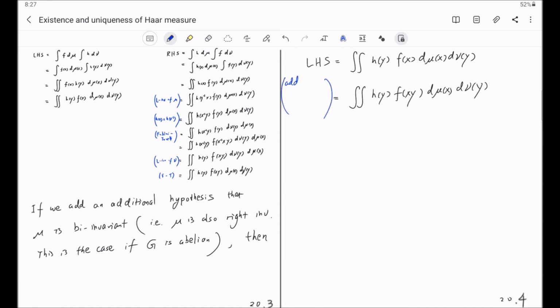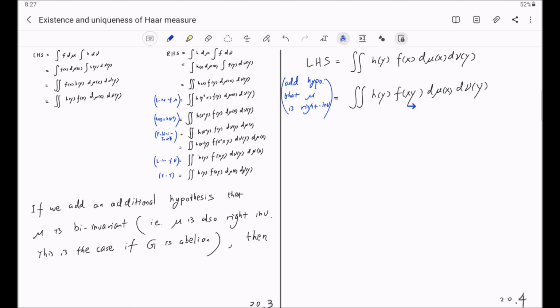This is by the additional hypothesis that mu is right invariant. But what is this?